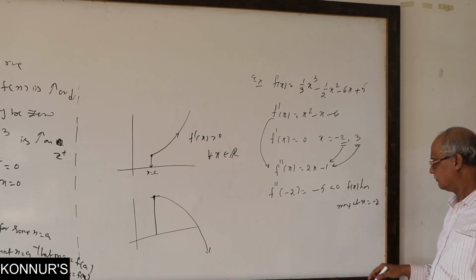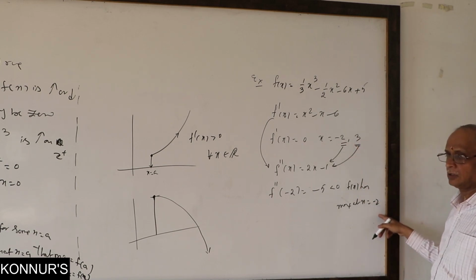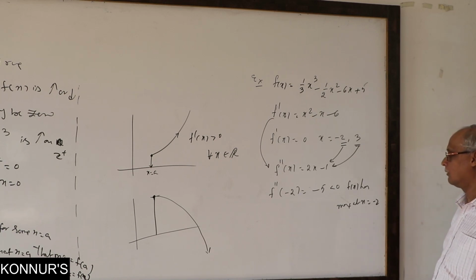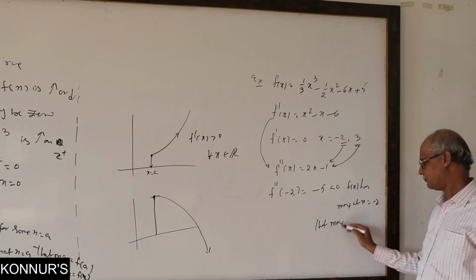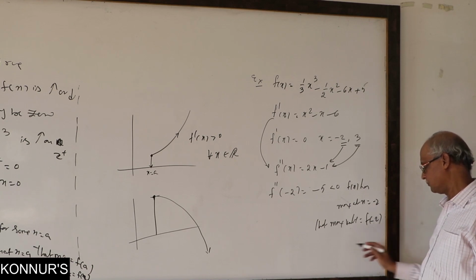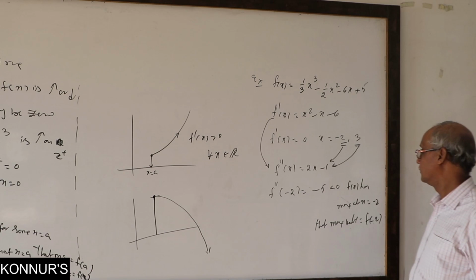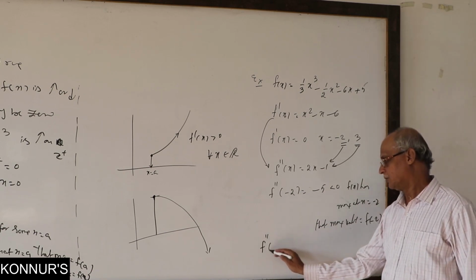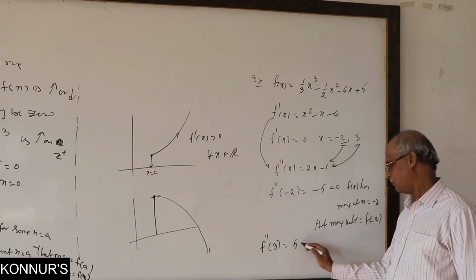How much is that maximum value? What is the stationary value you got? That is the stationary value only, 37 by 3, something like that. That becomes the maximum value. So I write here that the maximum value is the stationary value only, f of minus 2. Completed. Second, I write f double dash of 3, which is 6 minus 1, positive.